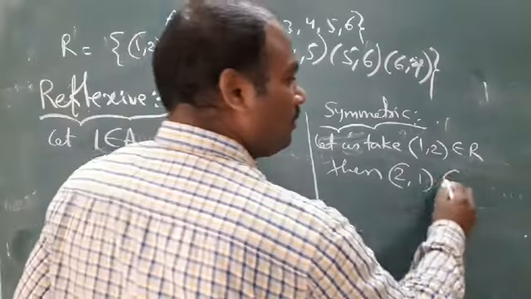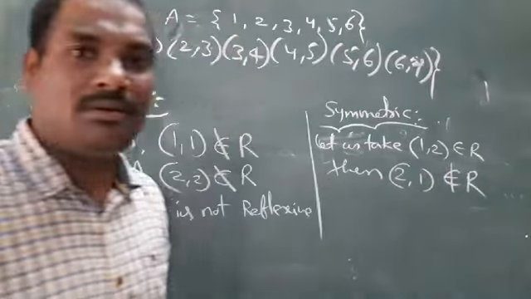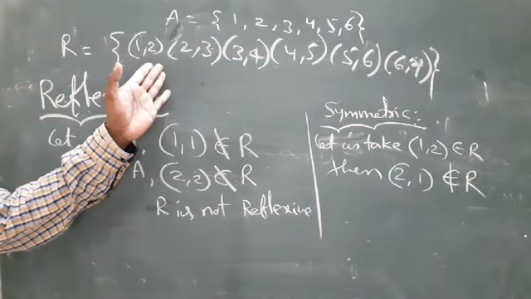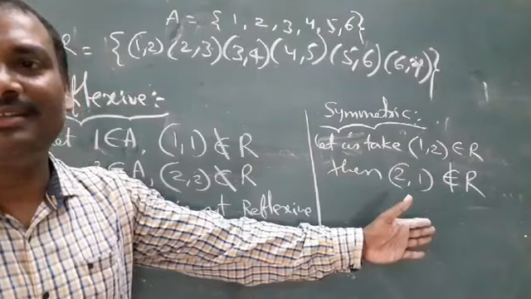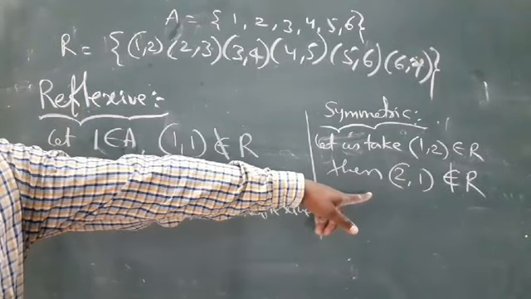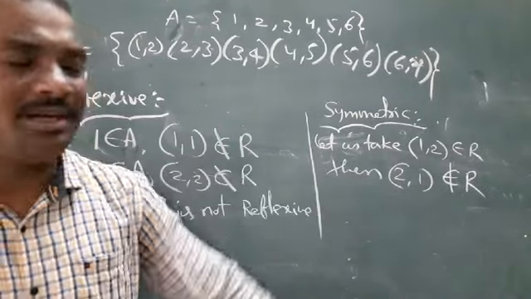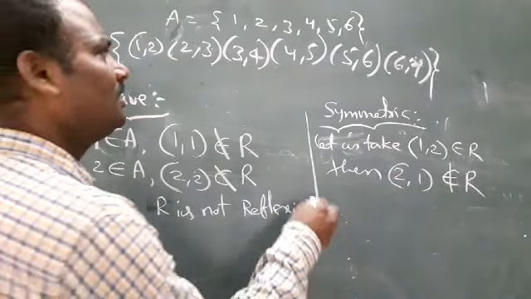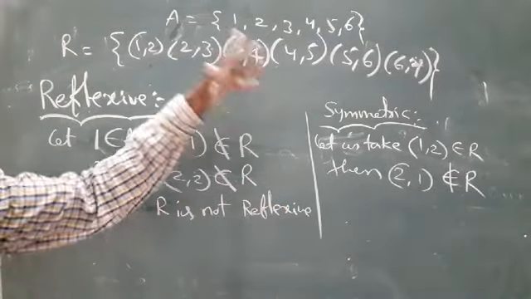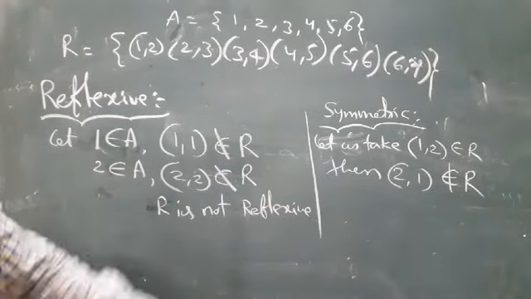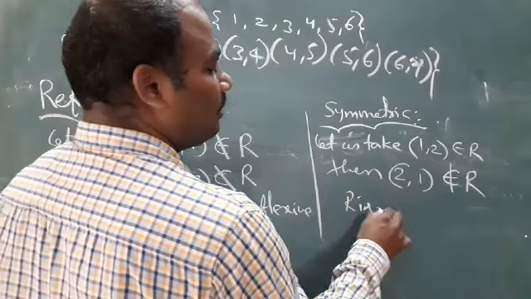No. (1,2) belongs to R, but (2,1) does not belong to R. Similarly, (2,3) belongs to R, but (3,2) does not. (3,4) belongs to R, but (4,3) does not. So R is not symmetric.